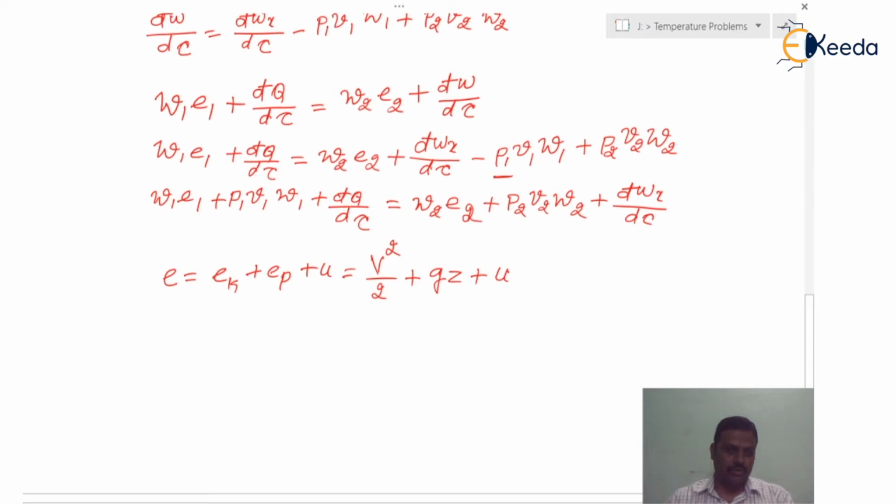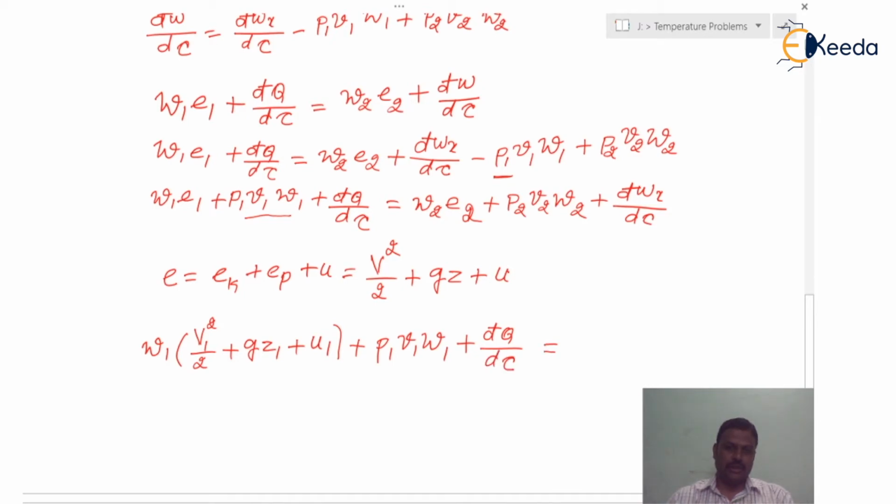Let us substitute this V square by 2 plus Gz plus U into the previous equation. So that can be written as W1 into V1 square by 2, in the place of E1 I am writing this, plus Gz1 plus U1, plus I'll write down this term, that is P1 V1 W1, plus dq divided by d tau, that is equal to W2. This right hand term is W2.